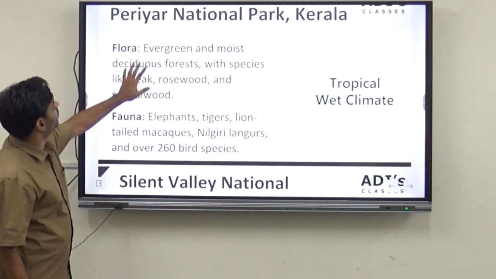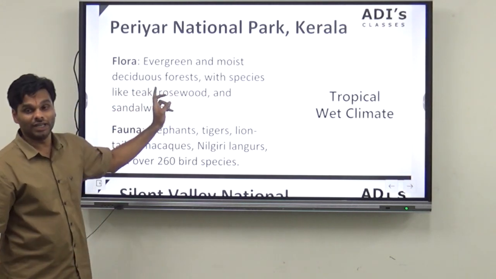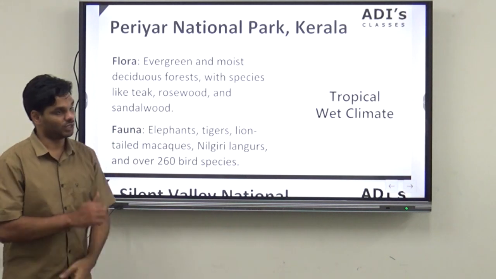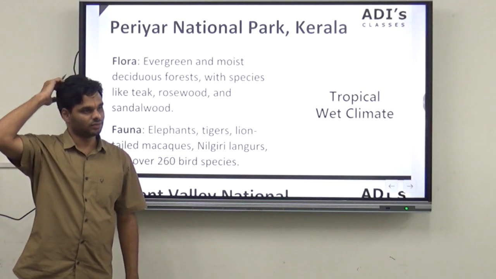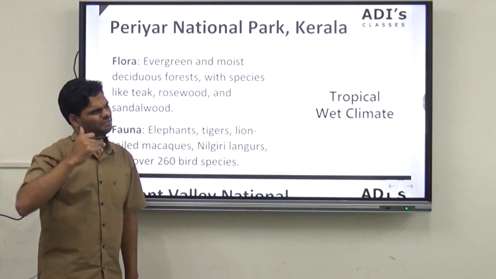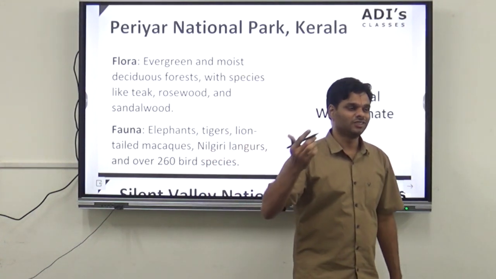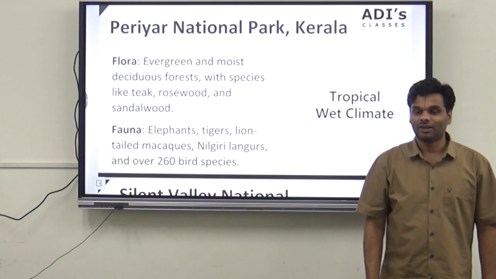Okay, so when we look at Periyar National Park, you see evergreen and moist deciduous forests with species like teak, rosewood and sandalwood. Teak, rosewood and sandalwood are found all across the Western Ghats, everywhere. In fact, Dandeli, we have been talking about from first class. So Dandeli has rosewood, beautiful rosewood.